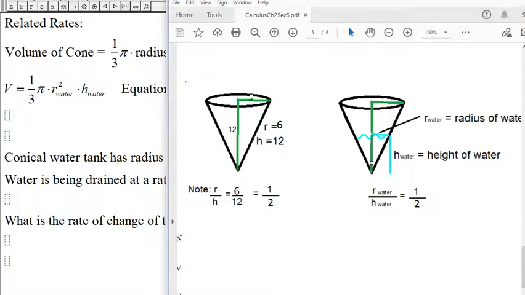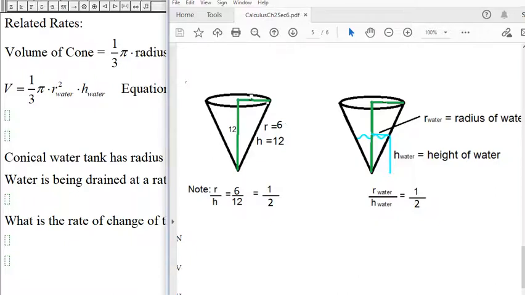So they're similar, and similar triangles have the same ratio. The ratio of R over H is 1/2, so the ratio of the radius of the water over the height of the water is also 1/2.